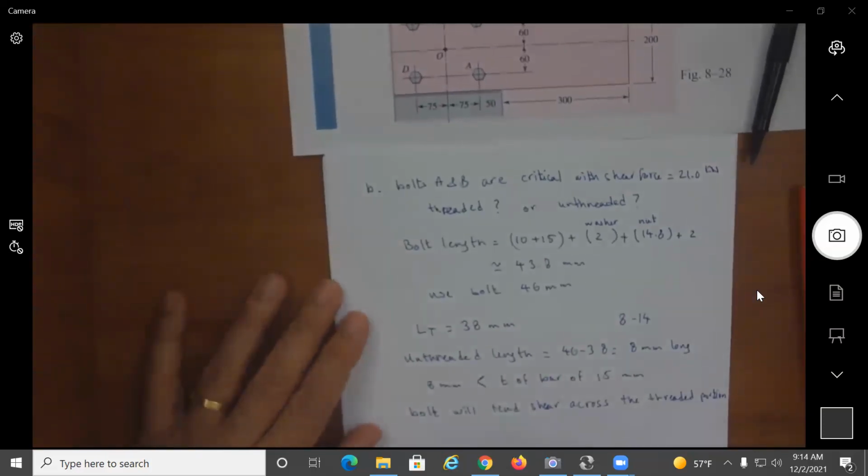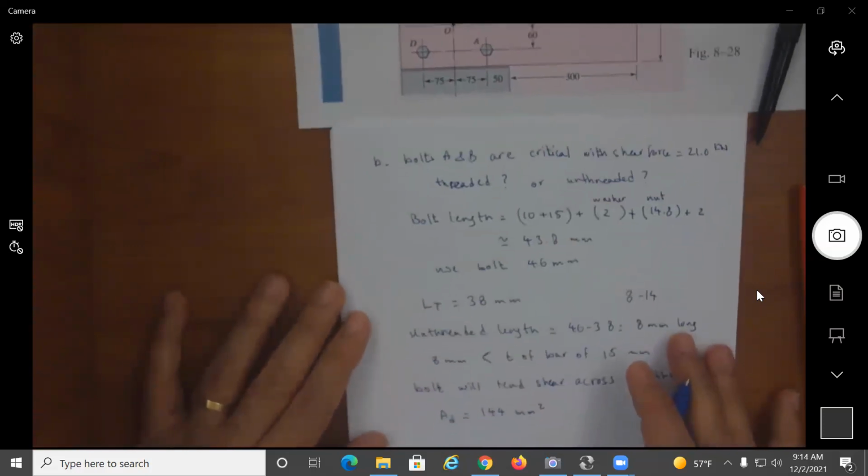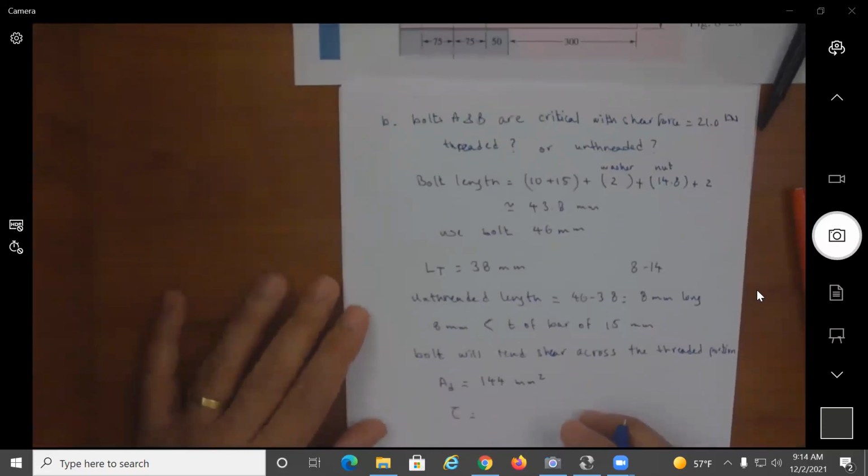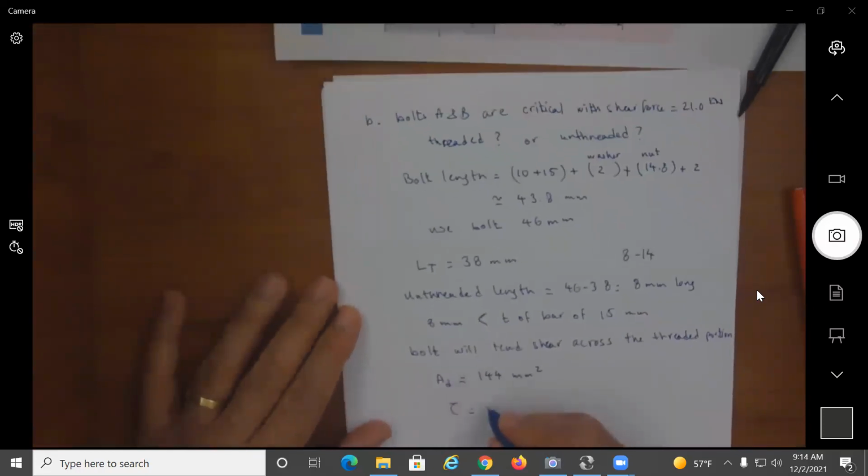If that's the case, then we have to use AD, and the AD in this case will be equal to 144 millimeters squared for an M16. So now we look at tau, the shear stress, which is equal to the shear force V divided by the area.